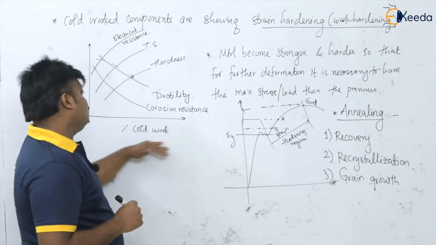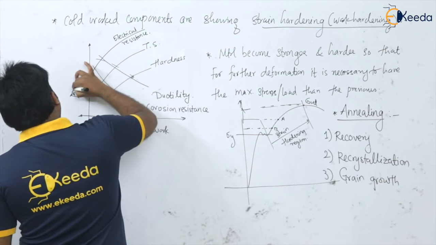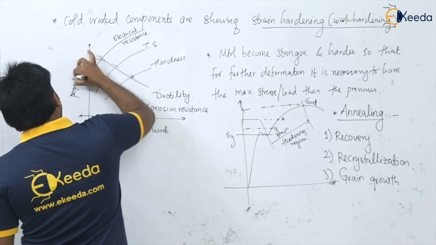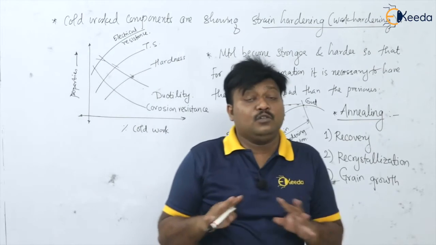When the cold working goes on increasing, these are the various properties which are affected, shown on the y-axis. This is about cold working.